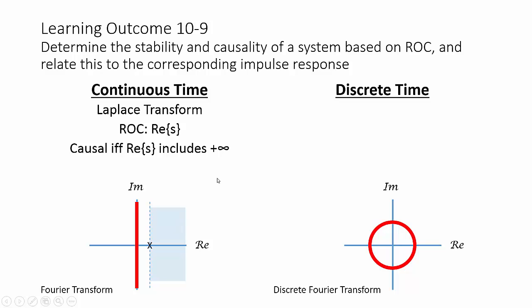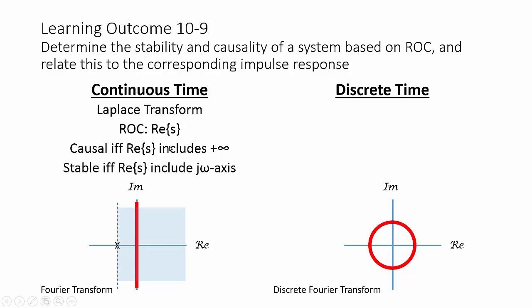If it included plus infinity, that meant that that region of convergence would be one corresponding to a system that is causal. We said that the system would be stable if and only if the real part of s included the j omega axes. So therefore we need to have a region of convergence that includes our j omega axes.